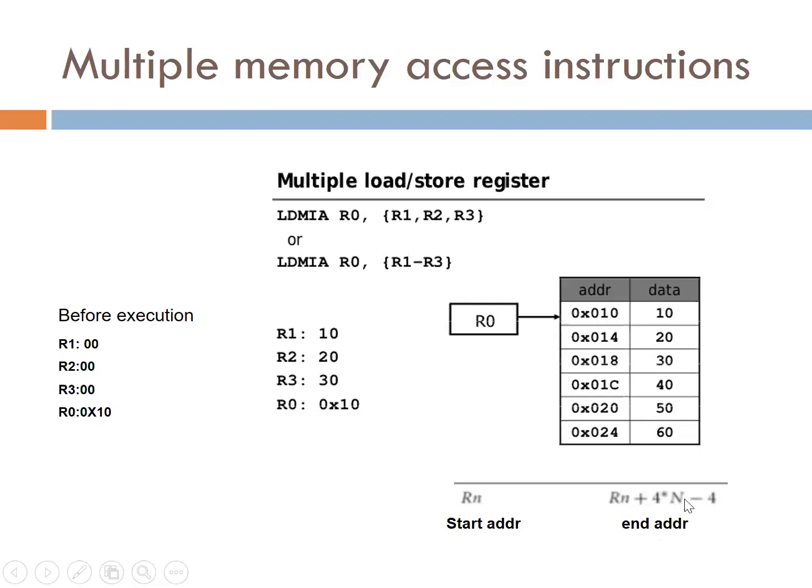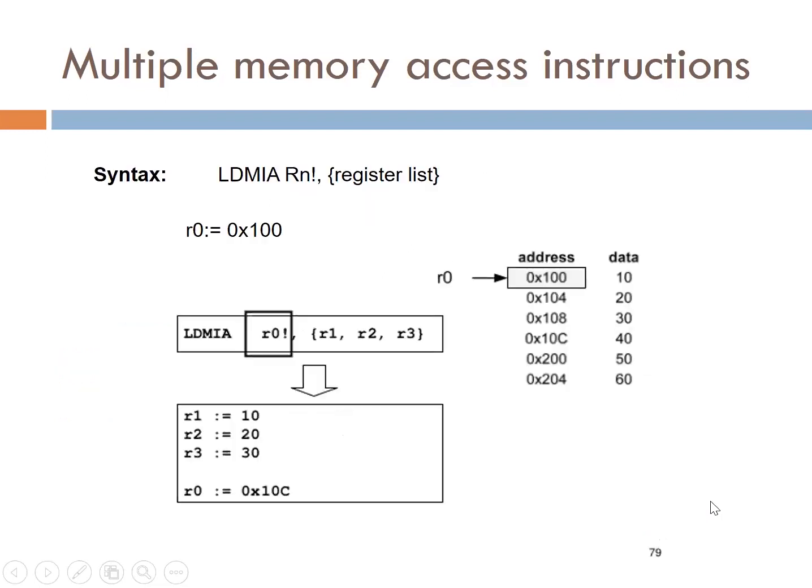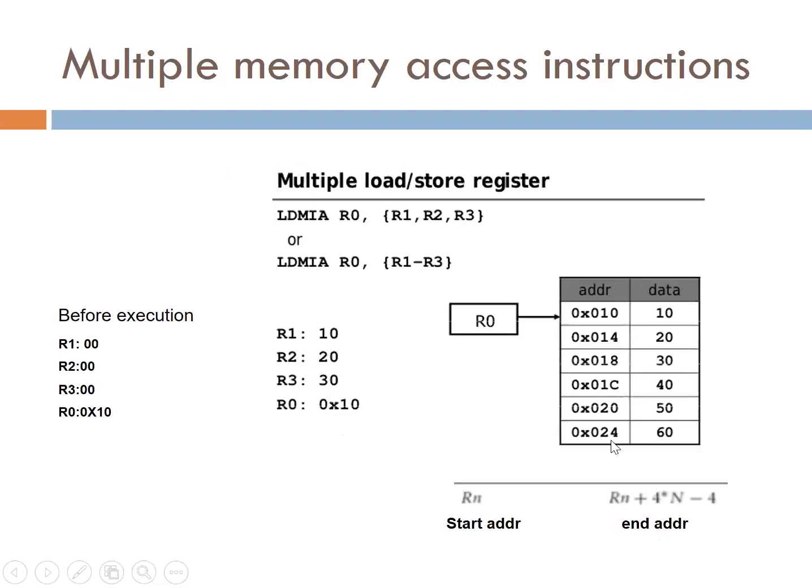What is n here? n is 3. 3 is the total number of registers in the register list. So 4 into 3 will be 0C. So Rn is initially 0x10. So 0x10 plus C minus 4 will give you 18.